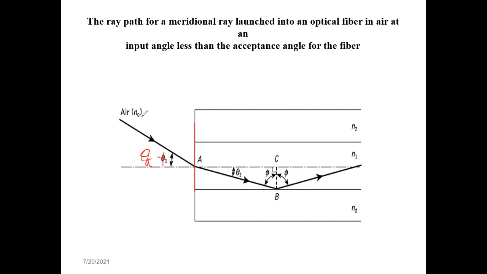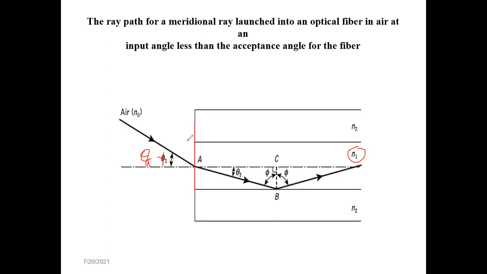So a ray of light is entering from N0 at an angle, acceptance angle theta A. This is the refracted ray. This is the core, so it has a refractive index N1 and this angle theta 2. So write down the Snell's law. You are writing the Snell's law at this particular interface.